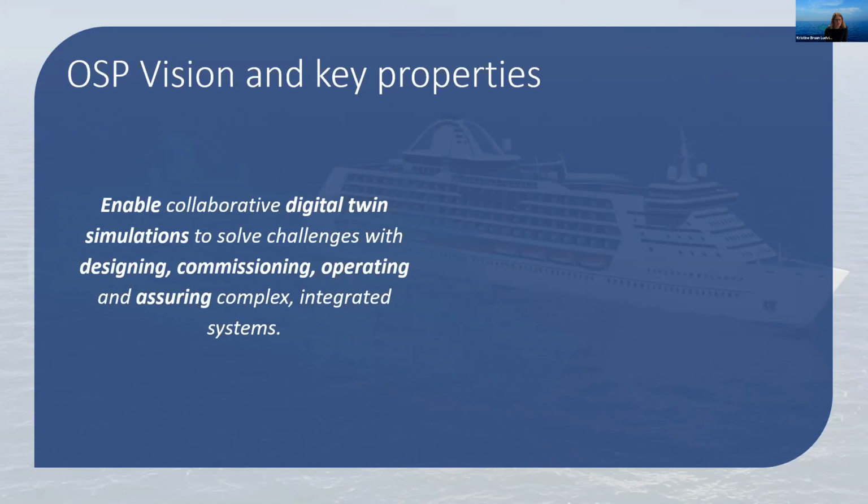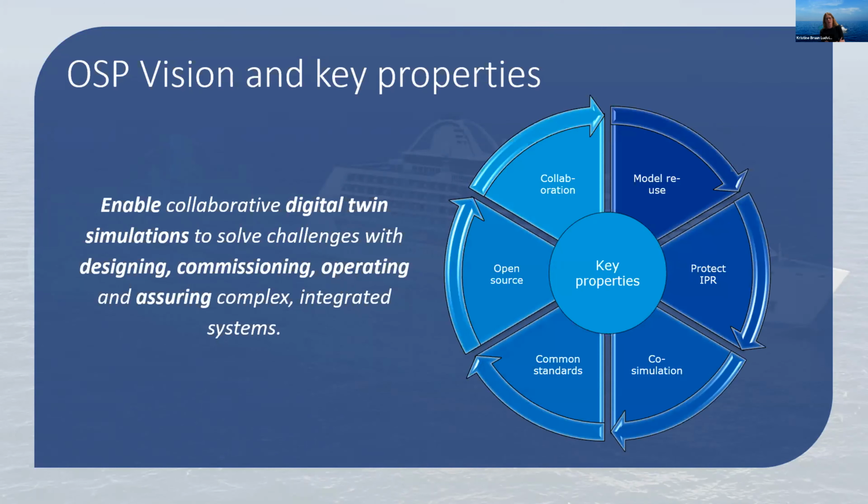For these systems, it's where we consider simulation models on the open simulation platform important. To enable this vision, the OSP was founded on a set of key properties. I will quickly introduce them now and go slightly more in detail on some of them in the next slides.